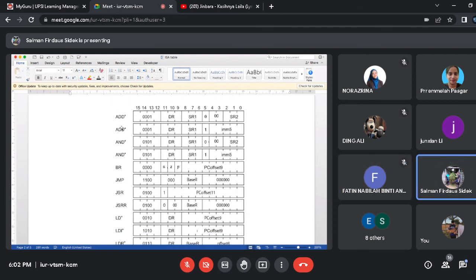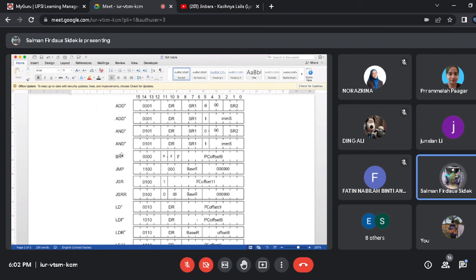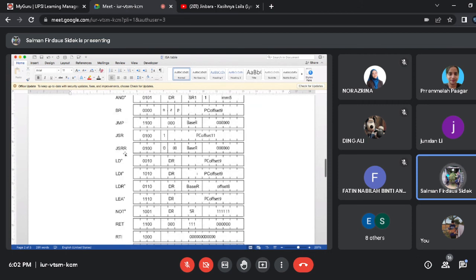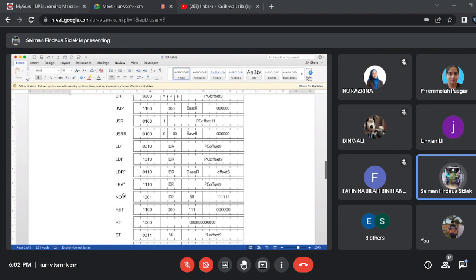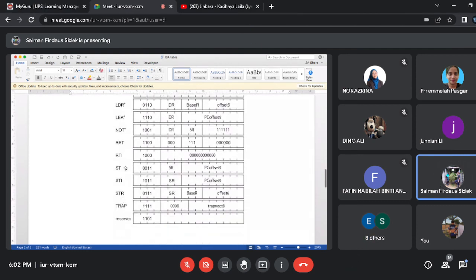Okay: add, and, br. Then we have LD, LDI, LDR, LEA, so now we have 9, and then not, so we have 10, and then all these 3 ST, so we have 13, and then trap, so we have 14 instructions. You need to know how to write the comment or how to interpret these 14 instructions.